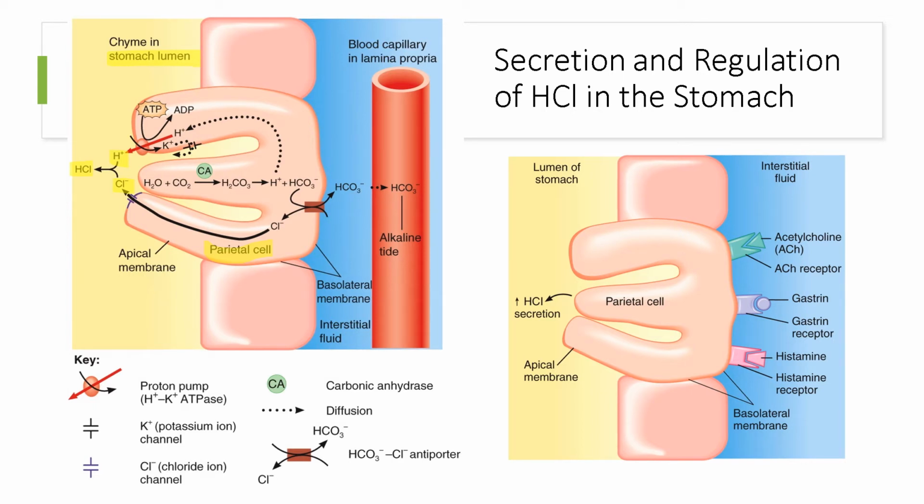Now, as we quickly go over all these chemical reactions that occur in the parietal cell, let's first take a look at the key down here, so we know what all of these symbols mean. This little red circle with the arrow through it is a proton pump. Ca stands for carbonic anhydrase. The little dotted arrow is diffusion.